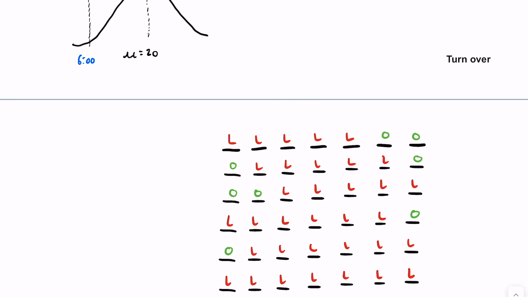That means, just like in tree diagrams, we can multiply along the branches. This relates to the idea that P(A and B) for independent events is just P(A) times P(B). And we can extend that to, in this case, 7 events.